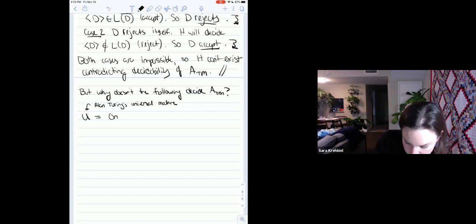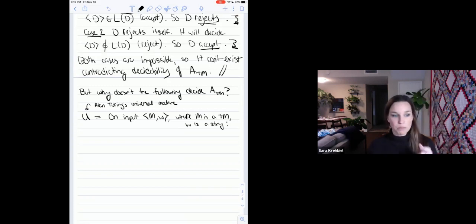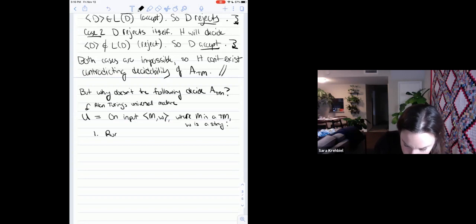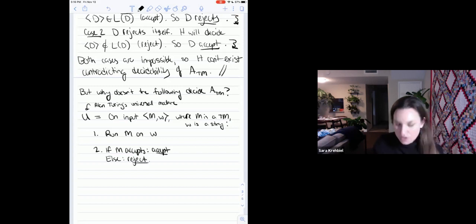Take a machine U, and if I give it a bundle of an encoding of machine M and a string W, then I'll run M on W. And if M accepts W, then I will accept M, W. And if it doesn't, I will reject.